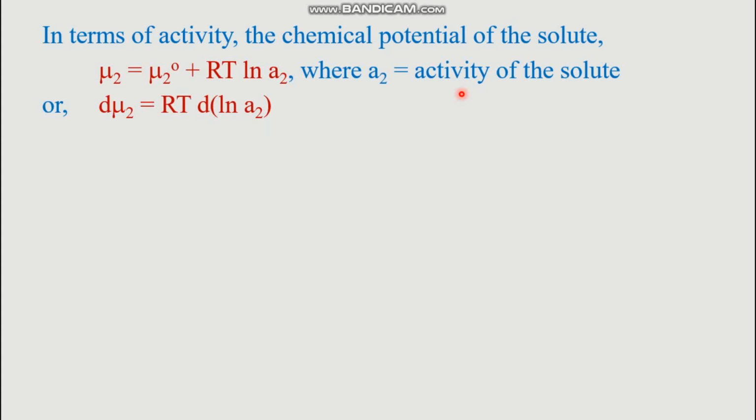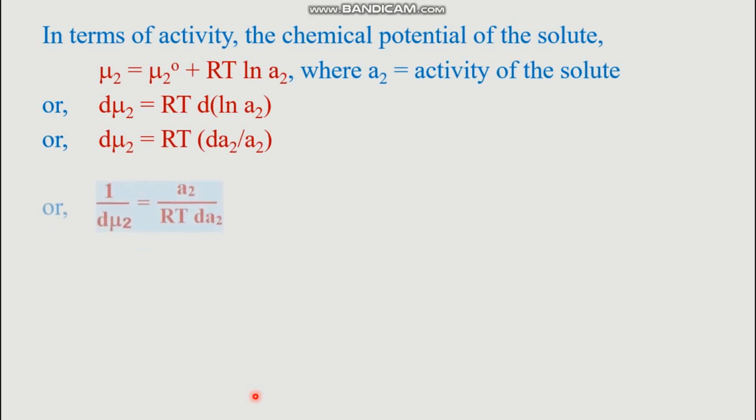If you differentiate both sides, then mu 2 0 is actually a constant term, so it becomes d mu 2 equals RT d ln A2. Now d ln A2 means dA2 by A2. So we can write d mu 2 equals RT dA2 by A2.